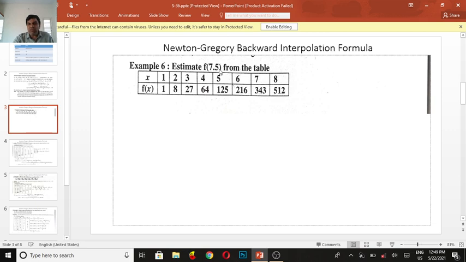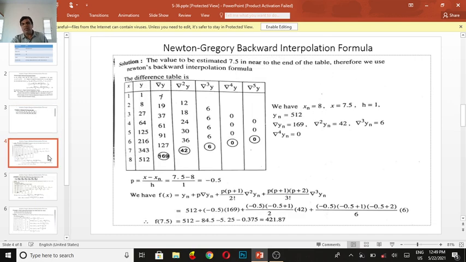We want to find f of 7.5, which lies between 7 and 8, nearly at the end of the table. Since the value to be estimated, 7.5, is near the end of the table, we use the Newton backward interpolation formula. So here is the x and y table.